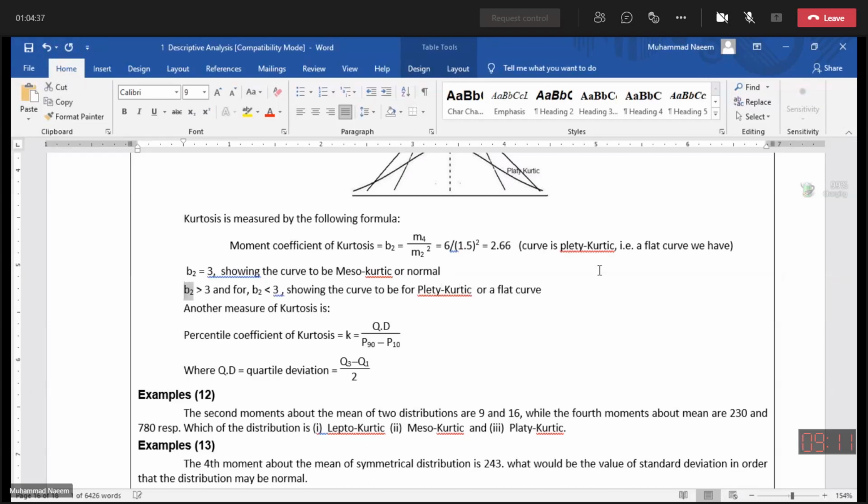Value of B2 greater than 3 means leptokurtic.